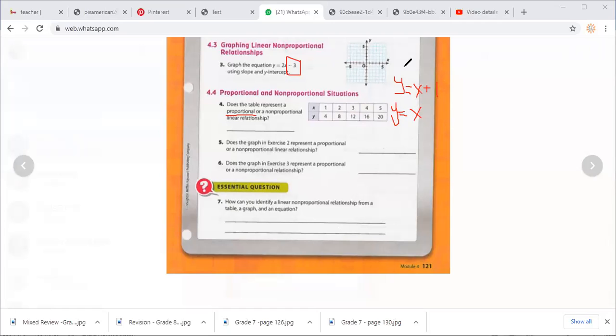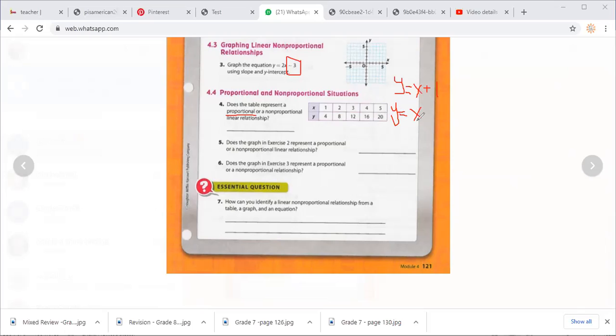The second one. y equals x is proportional, but y equals x plus 1 is not proportional. Thank you so much. Excellent.